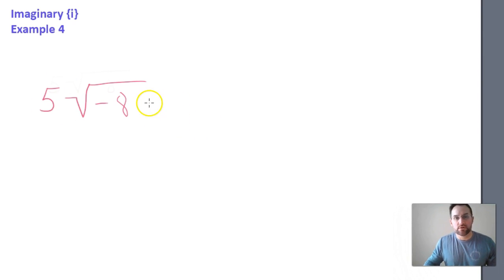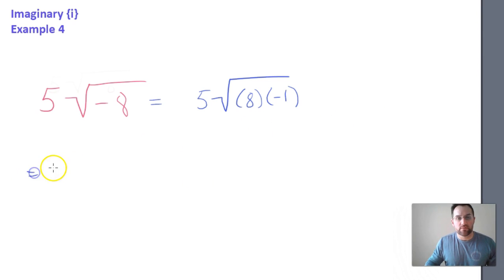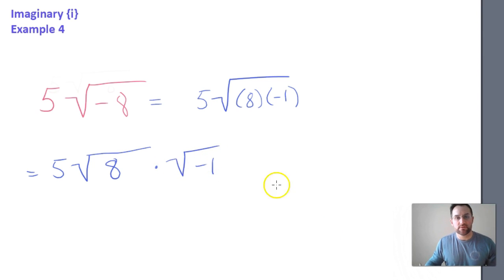There we go. So we have to begin to rewrite as 8 times negative 1, right? We're going to take it here. We're going to go 5 square root 8 times square root negative 1, right? These are all equal.